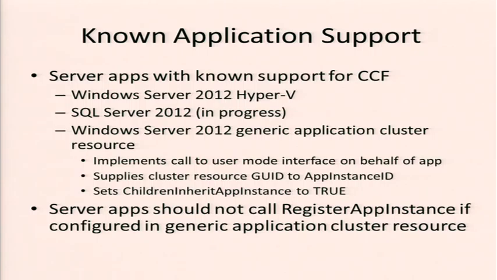In that case, that resource will do the registration on behalf of the application if you put it in such a group. It takes the GUID of the cluster resource group and attaches it to the application process. So it starts the application paused, gets the process ID, does the registration, and then kicks off the application. Now, this can be done for any application on any platform.